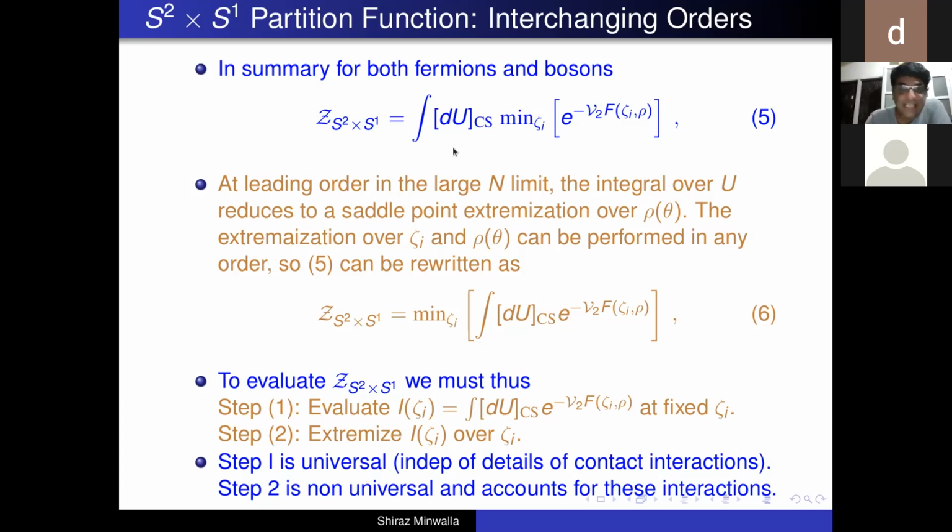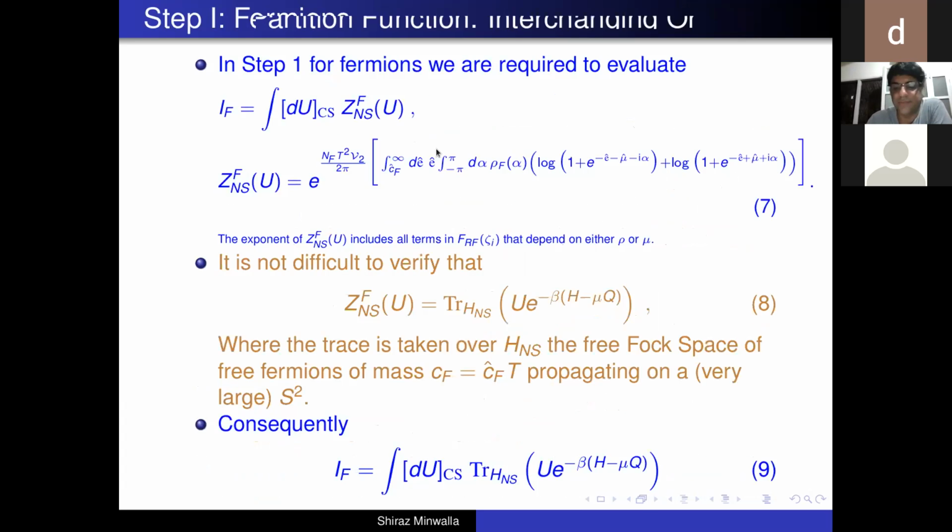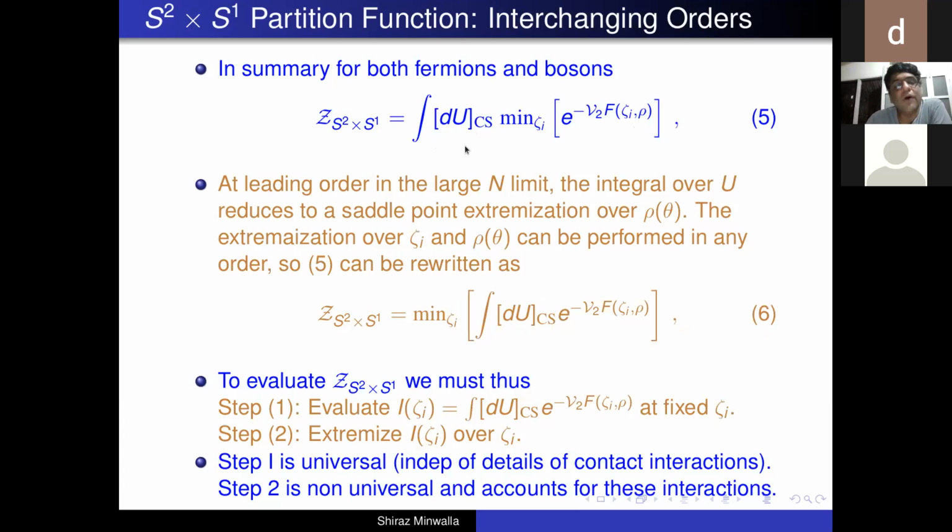Now, in general, if we were just working at finite n, there's nothing more we could say. However, notice that when we're working at large n, and we've already alluded to this in a way, the integral over these unitary matrices can be performed in the saddle point approximation. So the integral over these unitary matrices can be performed by performing an extremization.